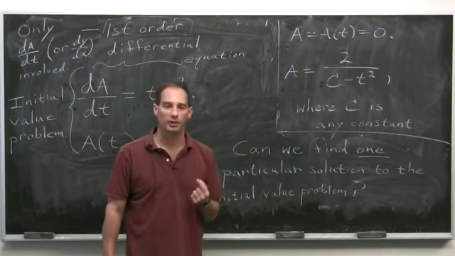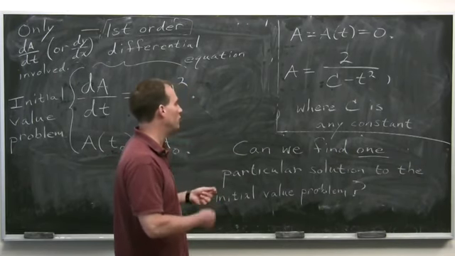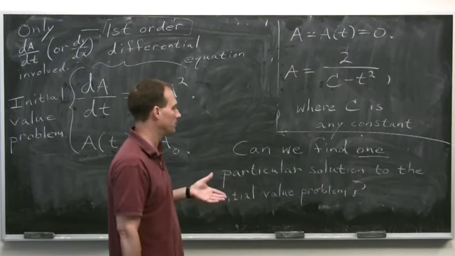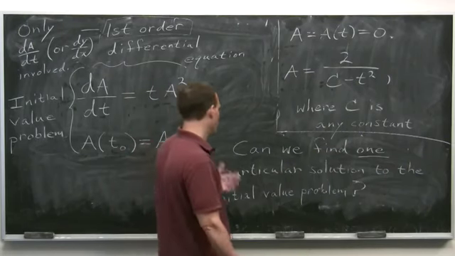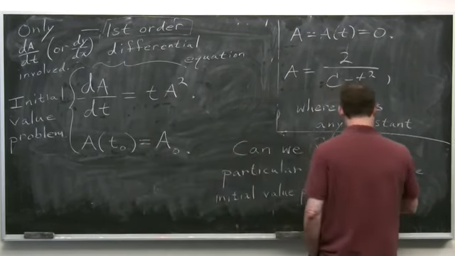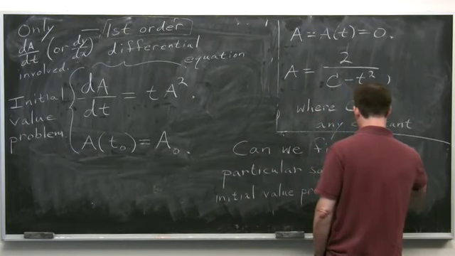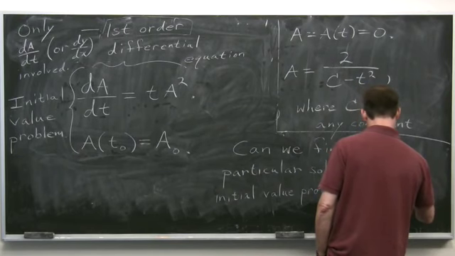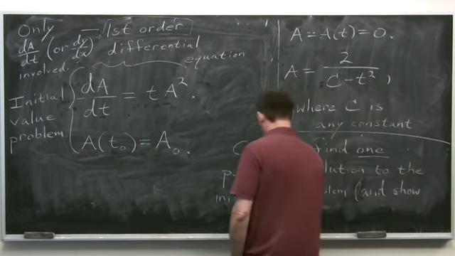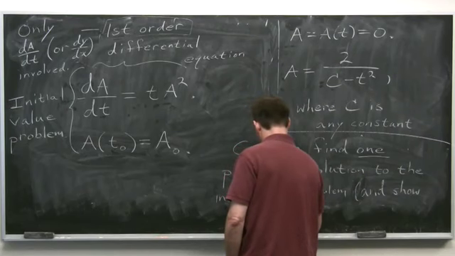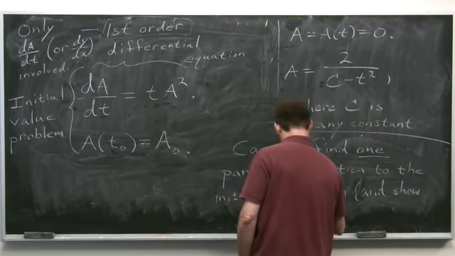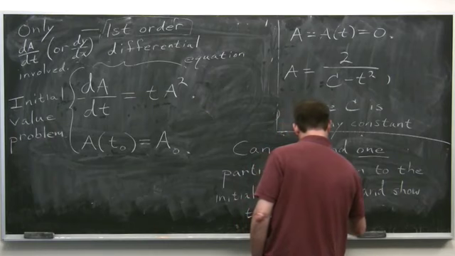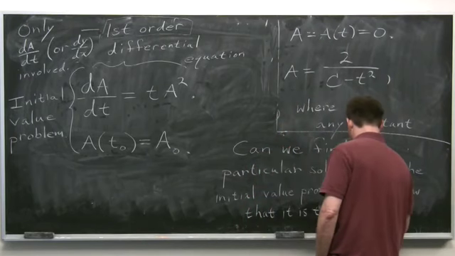We mean, is there only one? So it's not, can you find one? Because maybe there's still another one. So can we find one solution to the initial value problem, and what we really mean is, and show that it's unique. It's the only solution to the initial value problem.